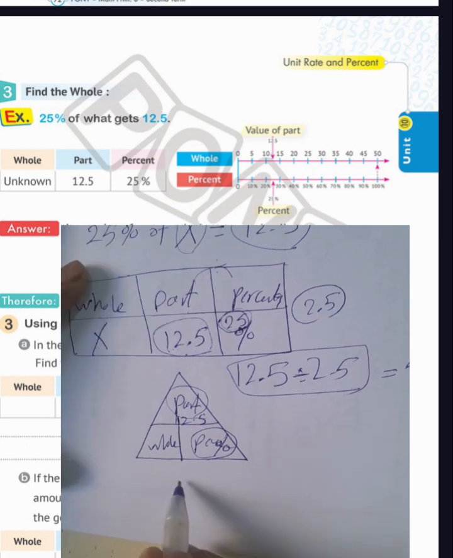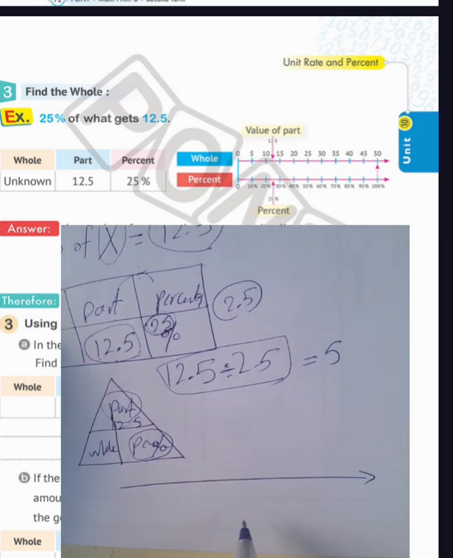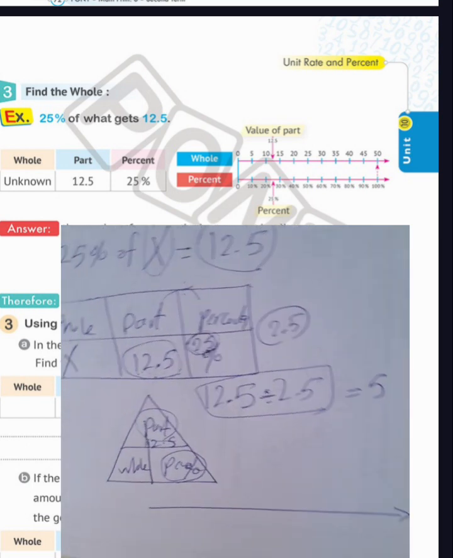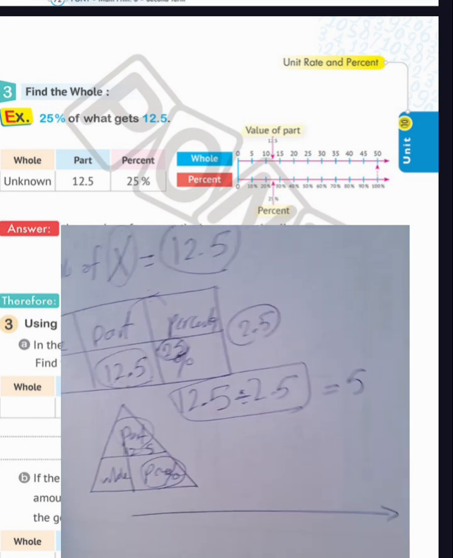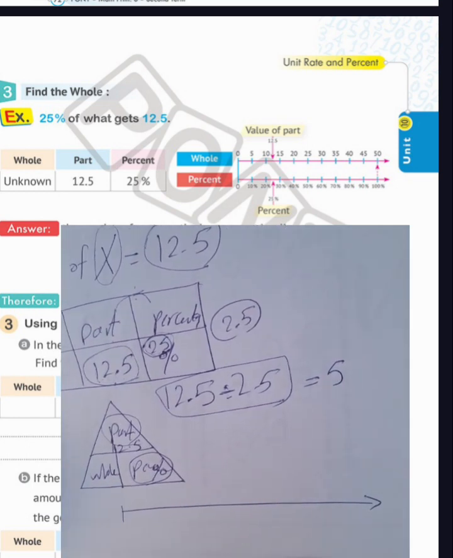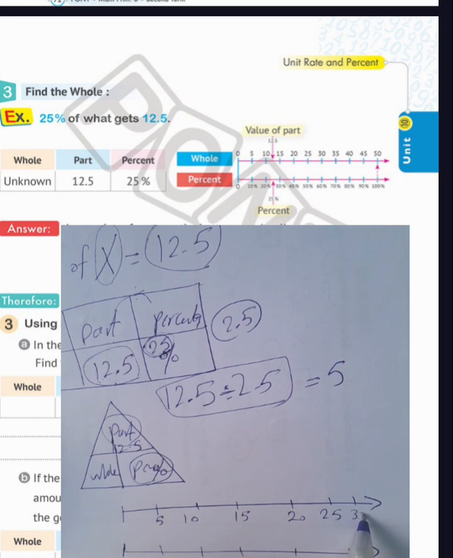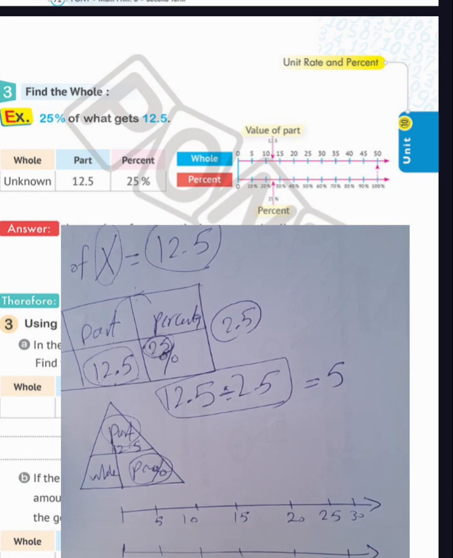Then we will draw 2 number lines here, parallel. Okay, and beginning by 5: 5, 10, 15, 20, 25, 30, and here 10%, 20%, 30%, 40%, and so on.